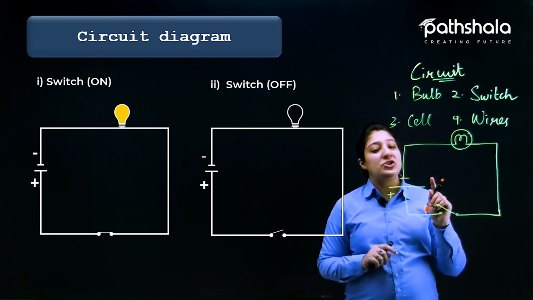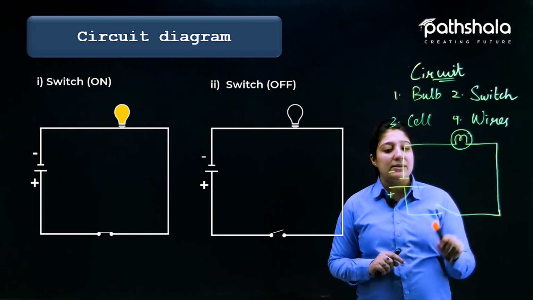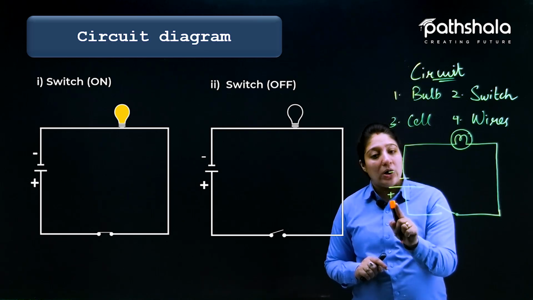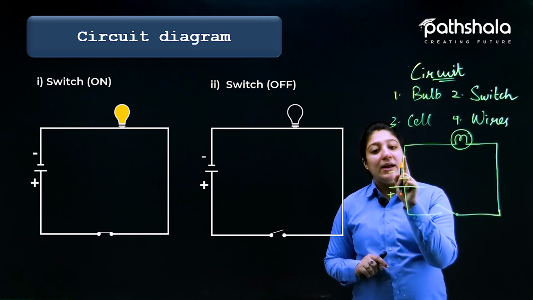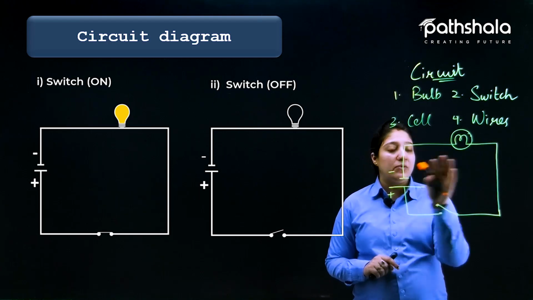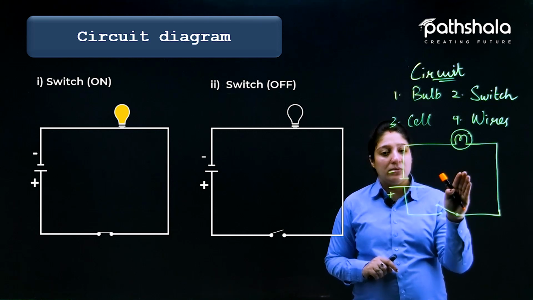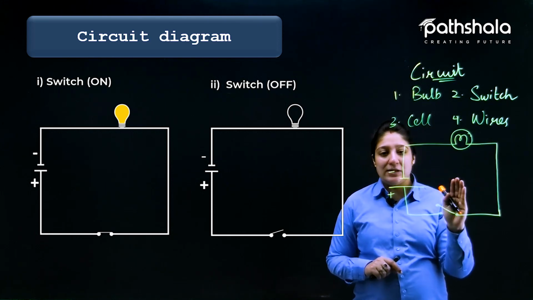Now when the switch is off, in this case the path is not complete. That is, the positive terminal is not connected to the negative terminal. In this case, the flow of charges won't take place. As a result, the bulb won't glow. So this is your open circuit.